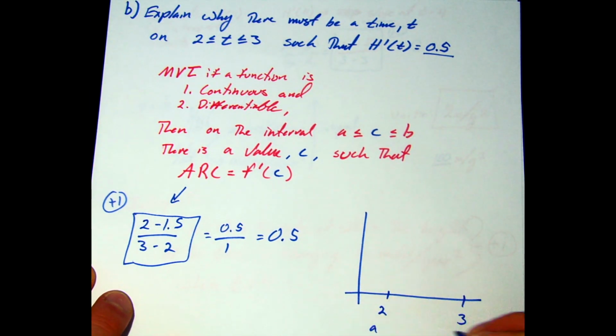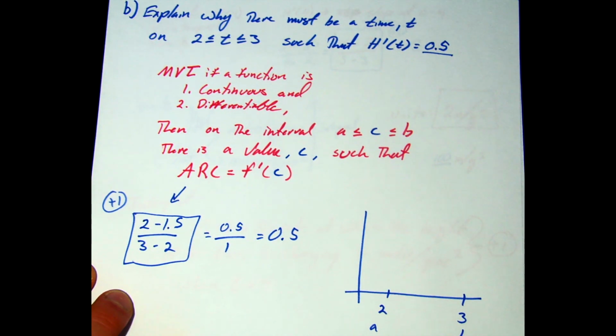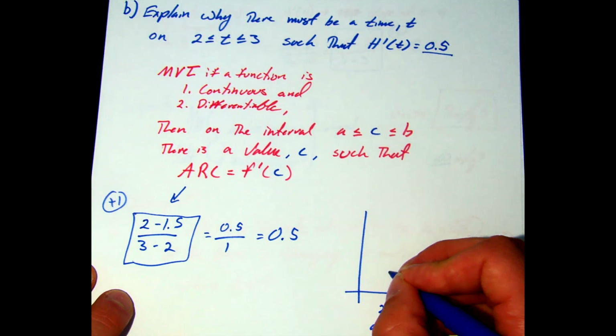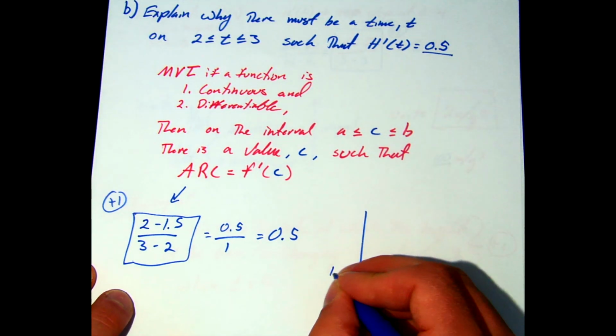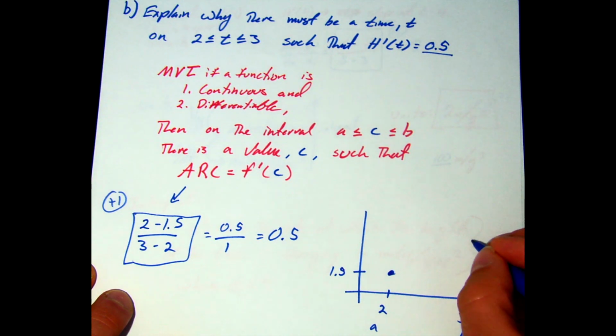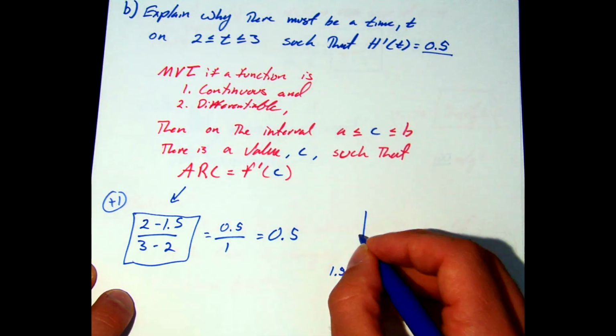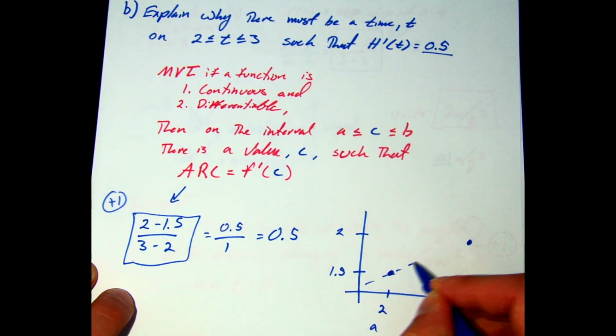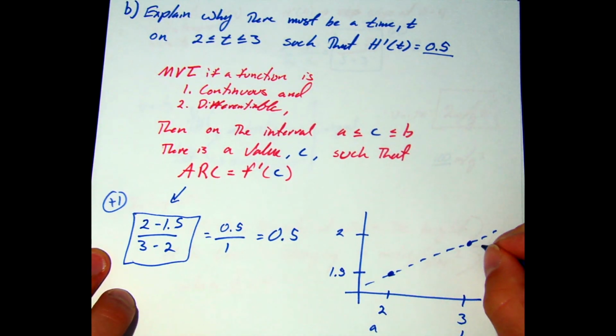This is our A and our B. When the tree was 2 years old, it was growing at 1.5 meters per year. When the tree was 3 years old, it was growing at 2 meters. And if I drew a line between here, I would get a slope of 0.5.